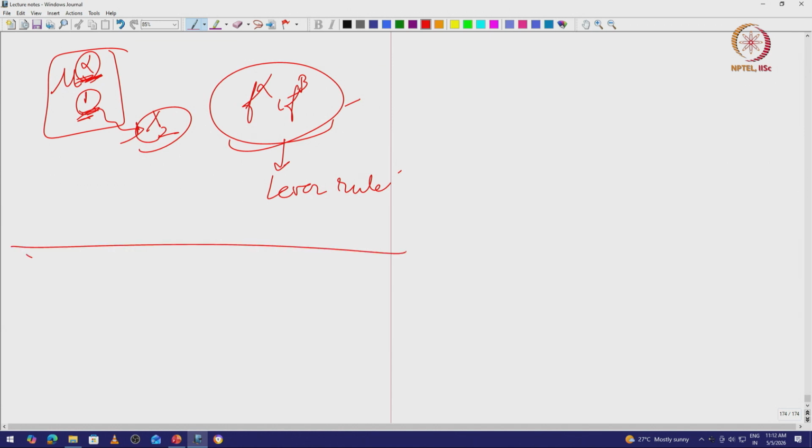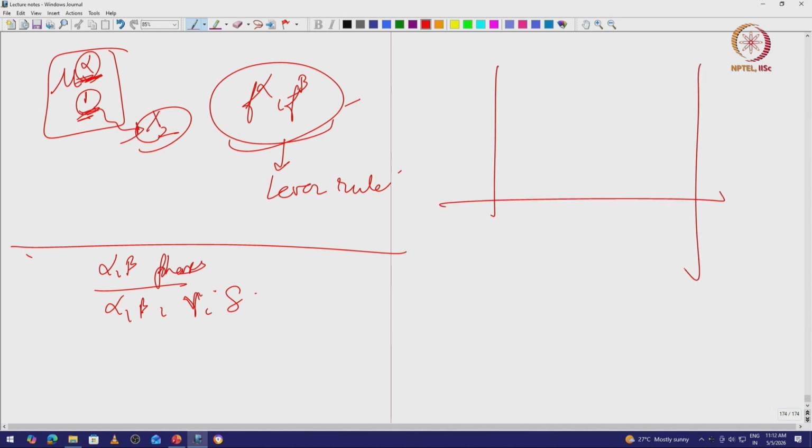So, having said that, let me give you a slightly more complex case. It is not just alpha and beta phases that exist, but I have alpha, beta, gamma, delta, right, and at any given temperature they all stack up like this. Let me draw different colors.